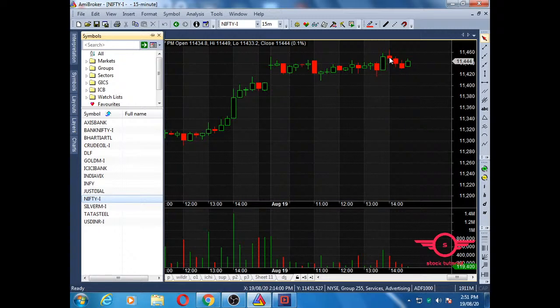Next candle high is 11,464. You can exit as per your 10 or 20 points, enough for some if you get a big lot.